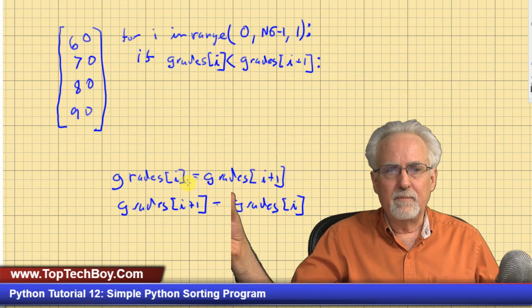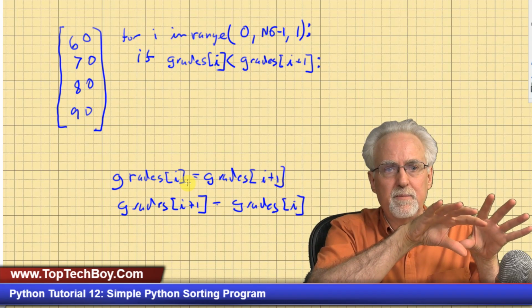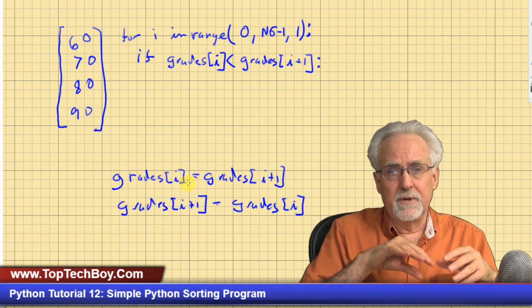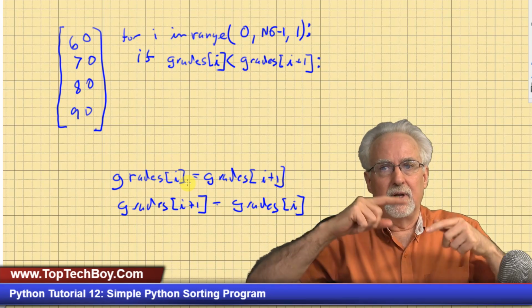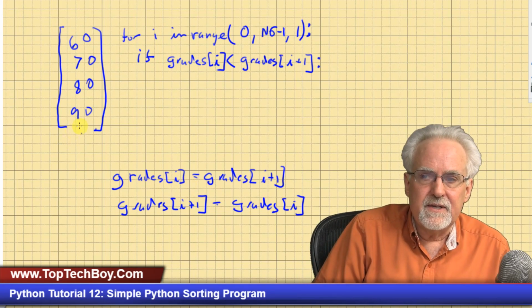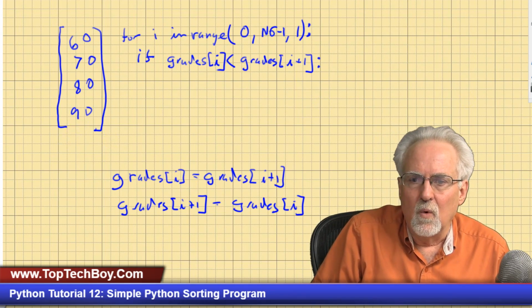I'll take grades of I plus 1, the 70, and put it in the position of the 60, and then I will take grades of I and put it in the position of grades of I plus 1, and in effect swap those positions. But what you got to see is this does not work.